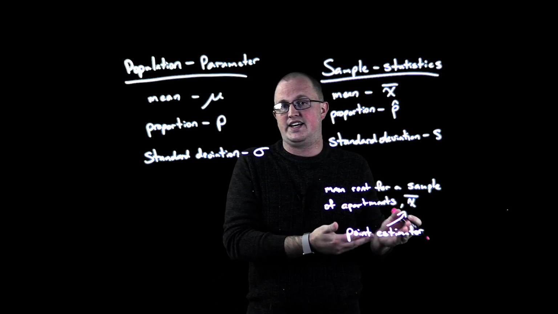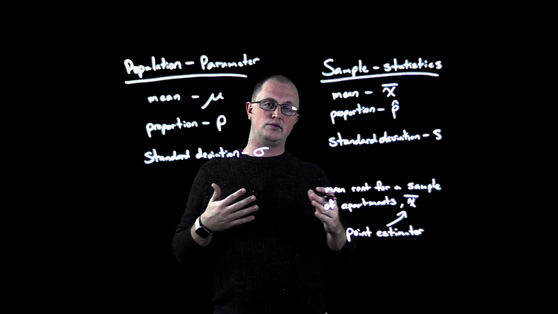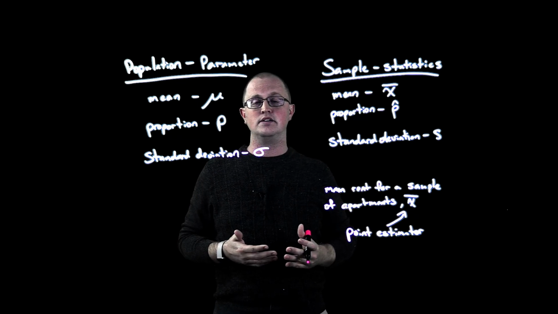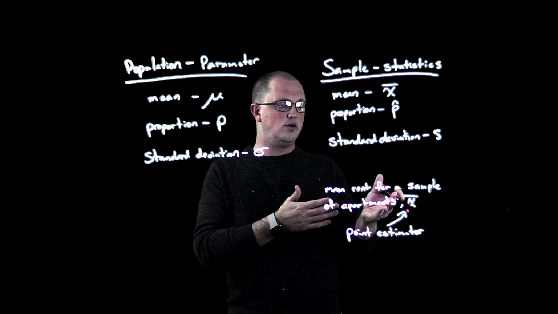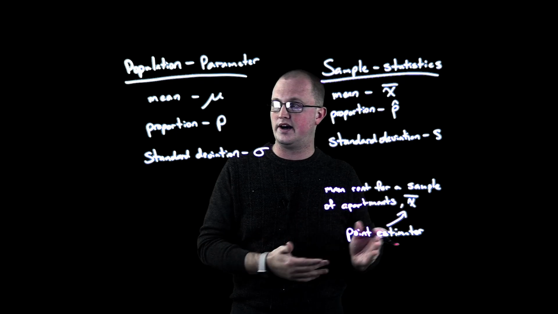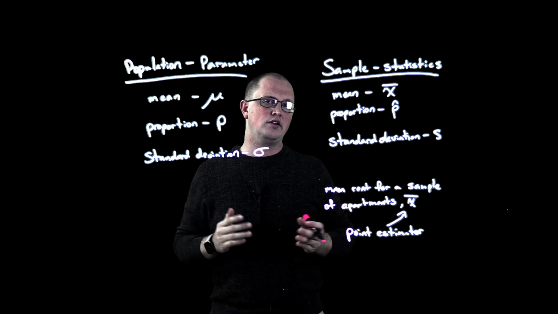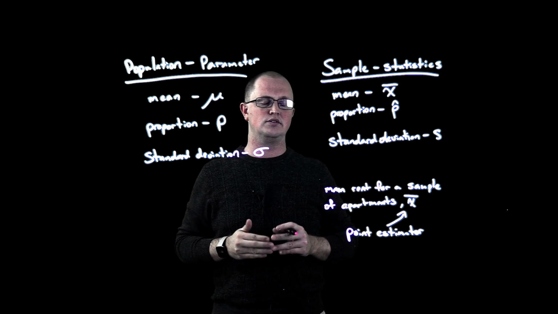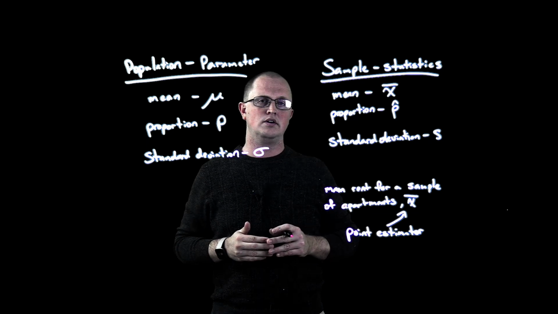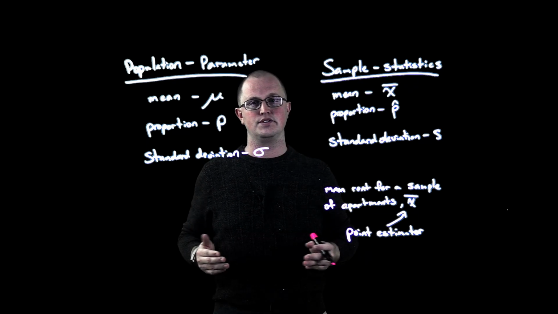That's our best guess. Now, if we've sampled correctly and we've pulled enough data, it's reasonable to think that even though x bar is probably not exactly equal to mu, it's probably pretty close. And so we can ask the question of, well, how close do we think it is? And that's where confidence intervals come in.